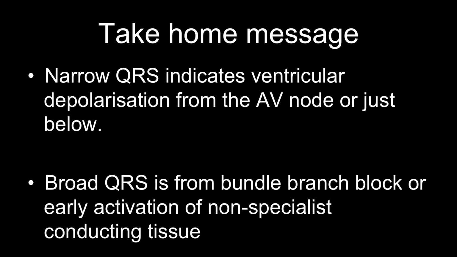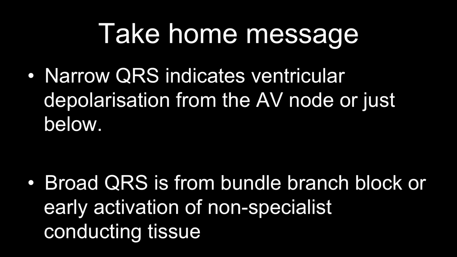So just to summarize, when looking at a QRS, if it is a narrow QRS, i.e. under 3 squares, this indicates ventricular depolarization from the AV node or just around the AV node downwards, and therefore is depolarizing the left and right bundle simultaneously.